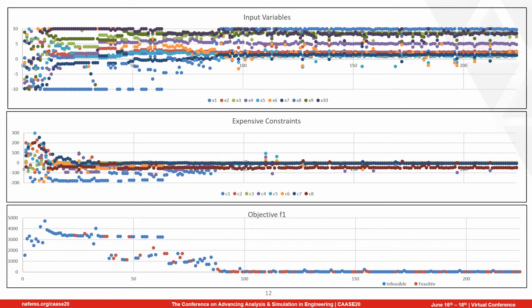And if you look at the lower plot of the objective value, we have many feasible designs before the 100th iteration mark, and around the 118th iteration, somewhere here, we find the feasible design of the global minimum. For the rest of the iterations, Oasis is just cruising through the active constraints to find a better minimum.